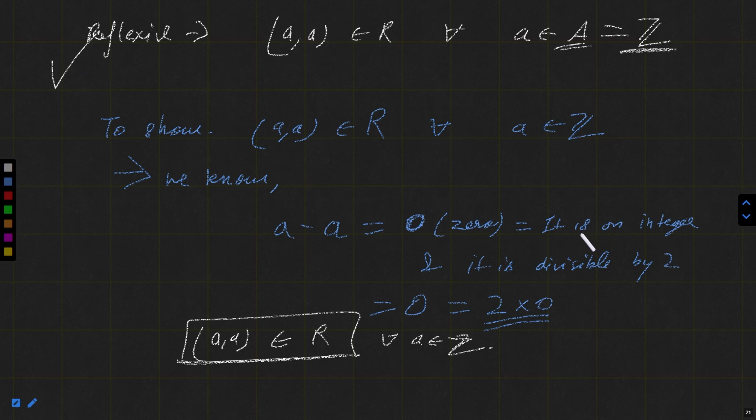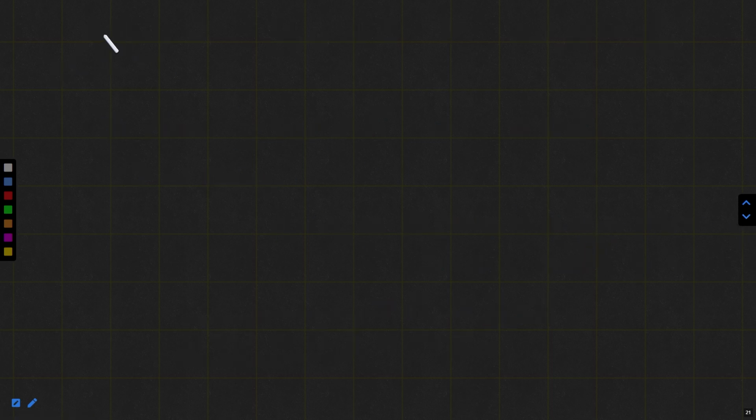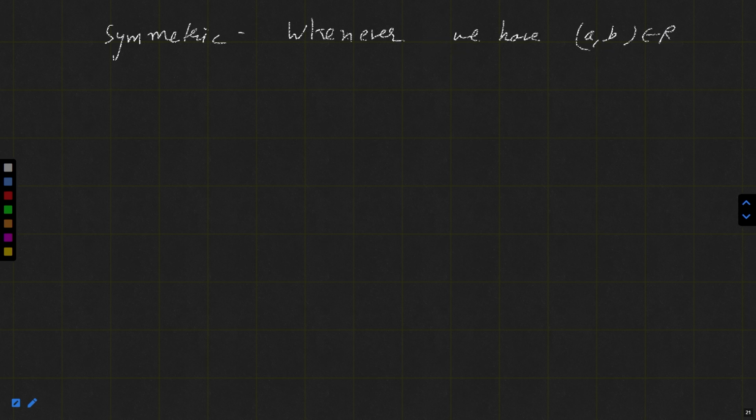So it is reflexive. Now what about symmetric? For the symmetric definition, if you recall, whenever we have an (a, b) pair in the relation R, then we must also have (b, a) in R. If this is happening, then we say that our relation is symmetric.